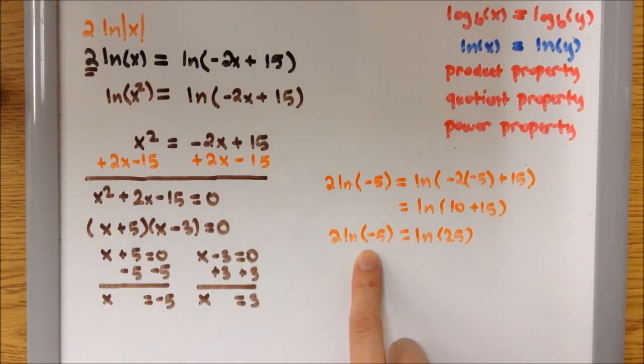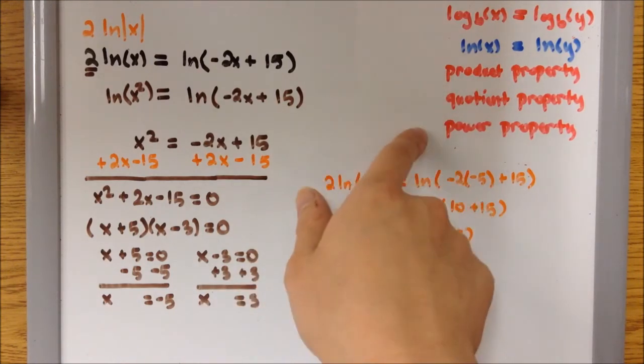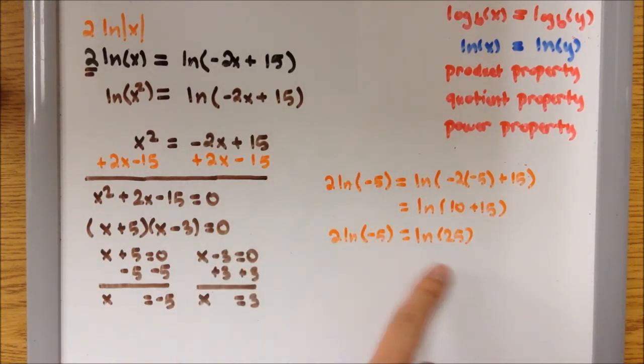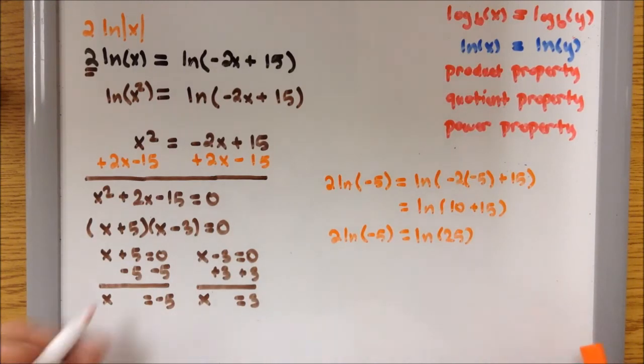Here we have a natural log of negative 5, so that means, nope, not going to work. Even though if I applied the property this would become a positive 25, you always check first before you apply one of these properties. Before I apply, I check, and we do have a natural log of negative 5. That's not going to work with us. Nope. So that means x equals negative 5 is not a solution.